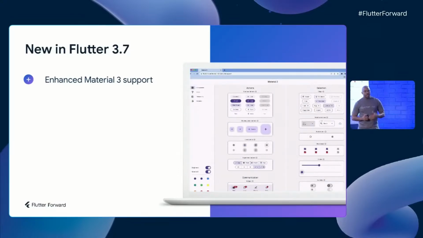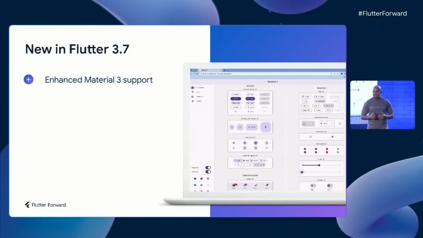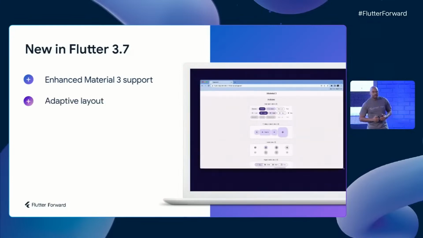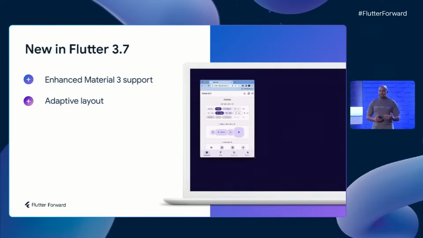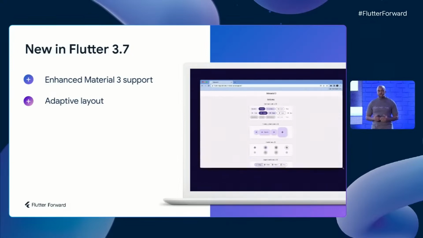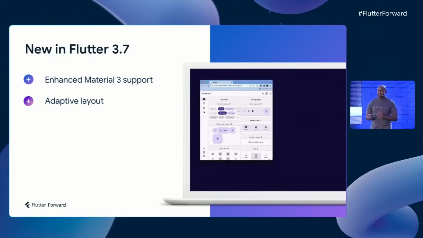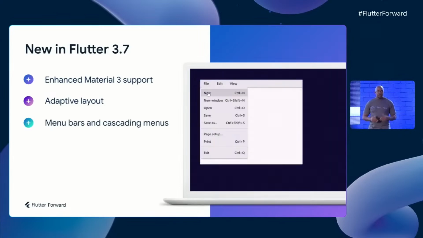And this includes migration of widgets such as radio buttons, sliders, and badges to Material 3. We have adaptive layouts, which enables your app's UI to automatically scale to look great on various screen sizes. We've got menu bars and cascading context menus, which are fully customizable to your app's needs.